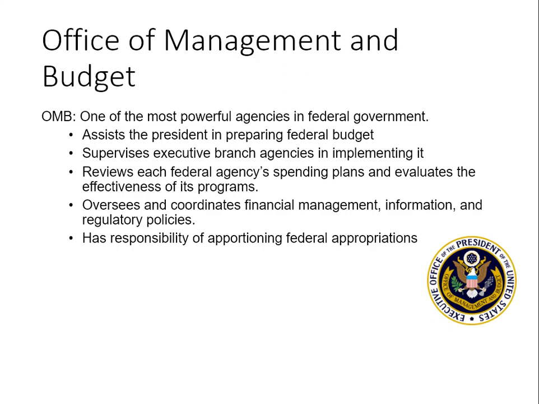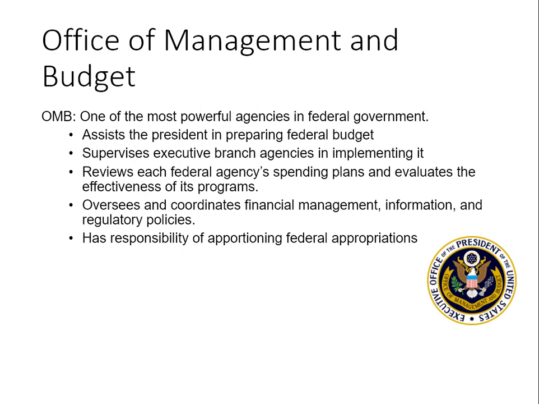Next, it's the OMB. Alright, OMB could be one of the most powerful agencies in the federal government. It assists the President in preparing the federal budget. It supervises executive branch agencies in implementing the budget.